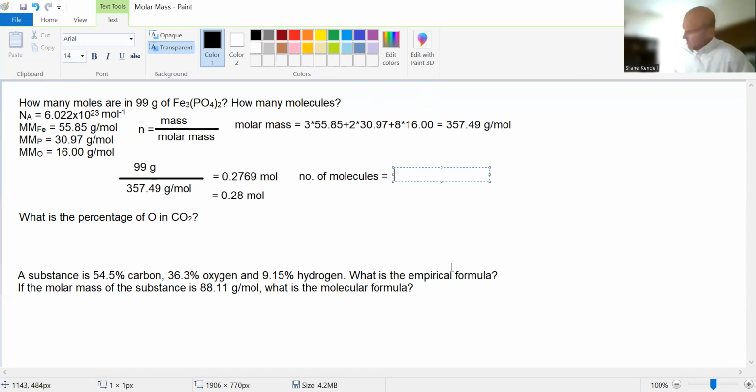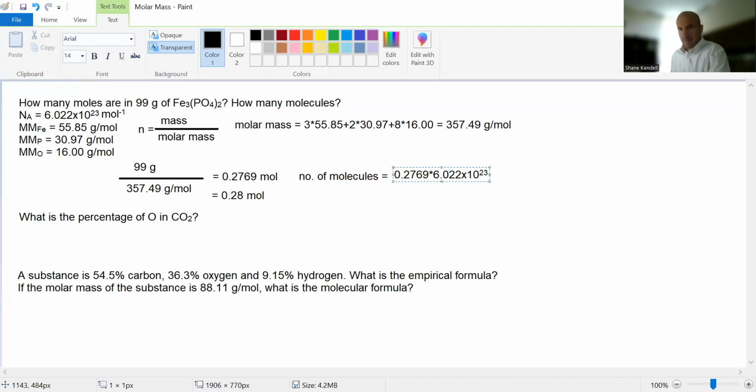So try and minimize any round off error as I go. So I'll write down here that I've got 0.2769 multiplied by this Avogadro's number.